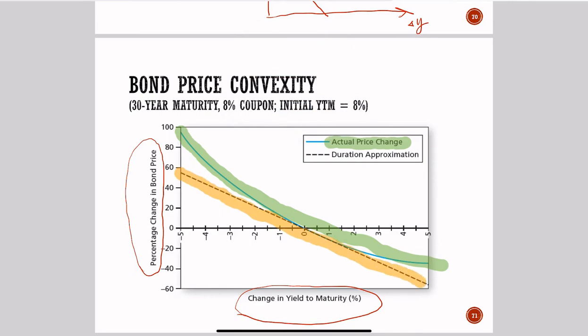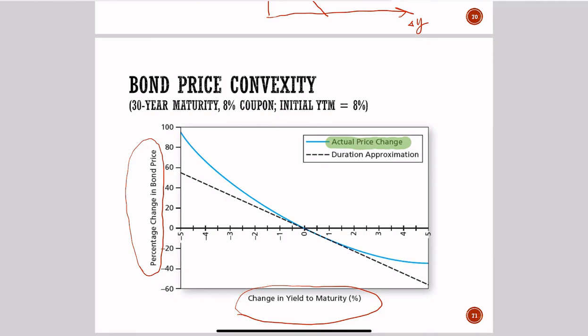Now, both lines are talking about how the percentage change in bond price is related to the change in yield. You can see that using duration, you're only getting some sort of approximation, and it is only a good approximation if the yield change is small.